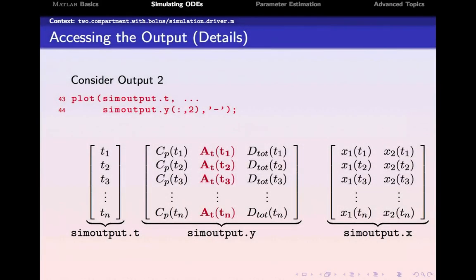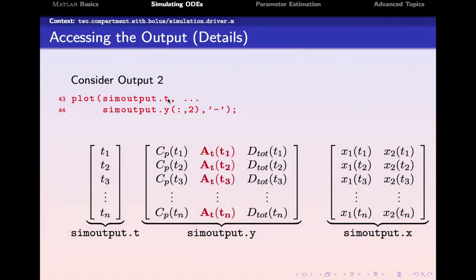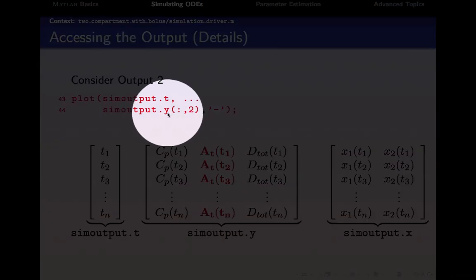So let's consider lines 43 and 44 of this example. If you see, what I'm doing here is I'm using the plot command, and I'm plotting SimOutput.t. That's the vector of output times. These correspond to the output_times field in simulation options. Then I'm plotting SimOutput.y, which is my model outputs defined in the output subroutine.